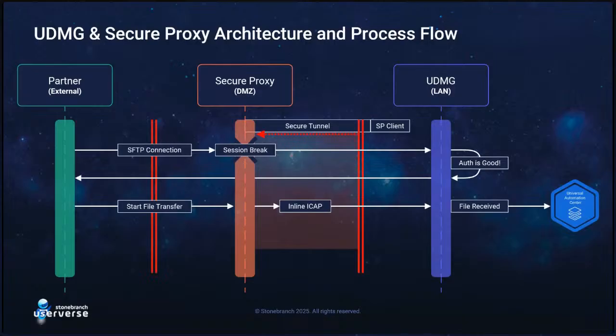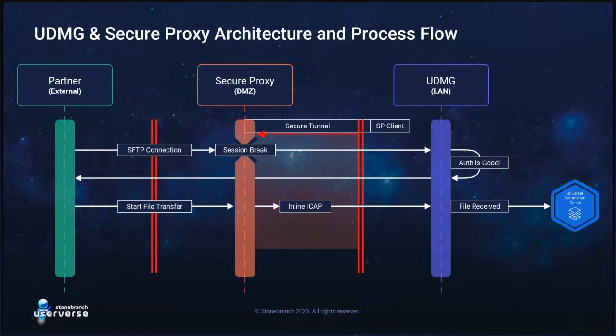However, there is a second and optional security add-on called Secure Proxy. And Secure Proxy is designed to protect data as it moves across or through your network boundary, like at the perimeter or edge of your network. It does this by letting your external partners initiate their secure file transfers into your internal network without ever exposing internal systems directly, and without requiring that you punch holes into your internal network firewall.